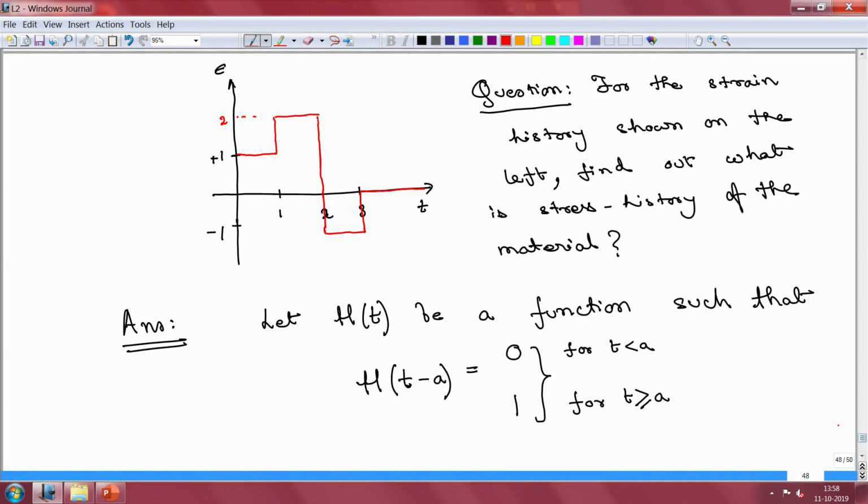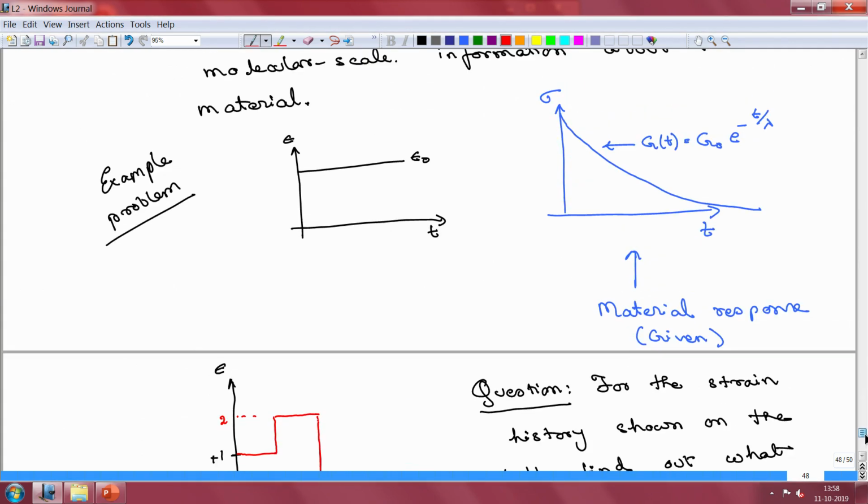So, your step response test here can be written as epsilon(t) is epsilon naught into h(t). If I had to represent this graph in a mathematical sense, then I can write this.